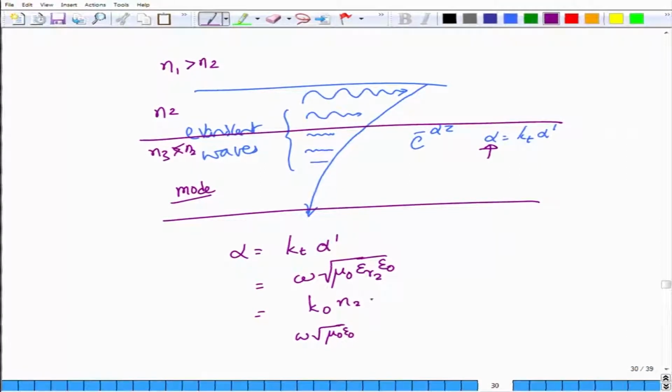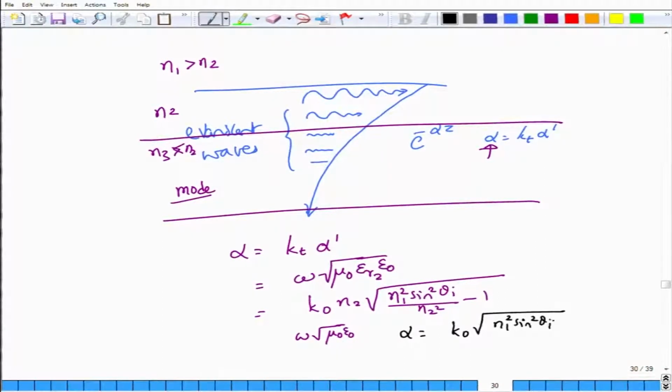What is alpha prime? Alpha prime was this cos theta t, when theta is greater than theta ic. So this was actually square root of n1 square sin square theta I divided by n2 square, minus 1. So you can rewrite the value for alpha as k0 square root of n1 square sin square theta I minus n2 square, because when you pull n2 out, that will cancel with the numerator n2.